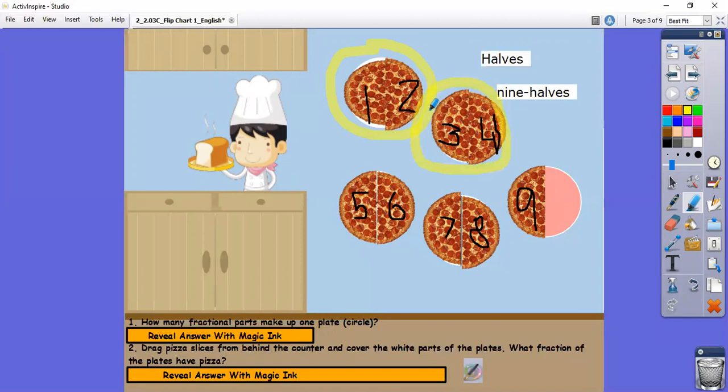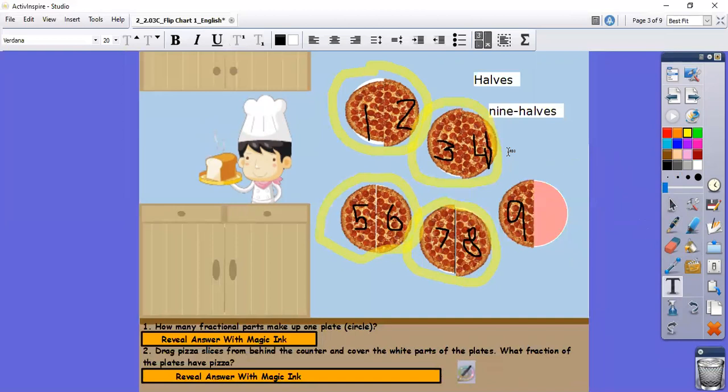That makes 2, 3, 4. I have 4 pizzas completely filled in. That gives me 4 whole and 1 half.